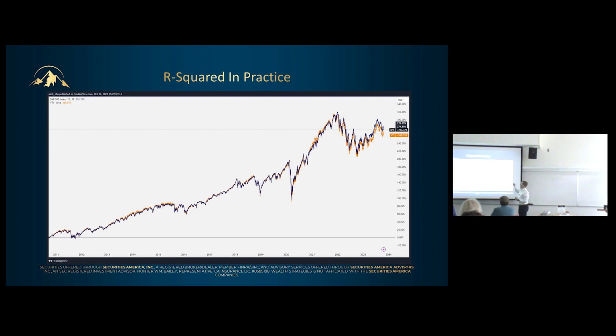Now you can see that it's not 100, where you notice that the returns are just a little bit different sometimes. Sometimes they start running in slightly different directions, but for the most part, pretty much all the movements in this total market fund can be explained by the movements in the S&P 500.